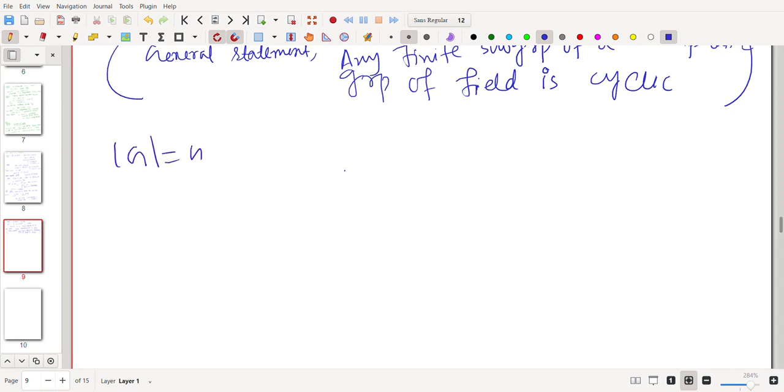That means now order of G is n. That will imply g power n is 1 in C*. Okay.